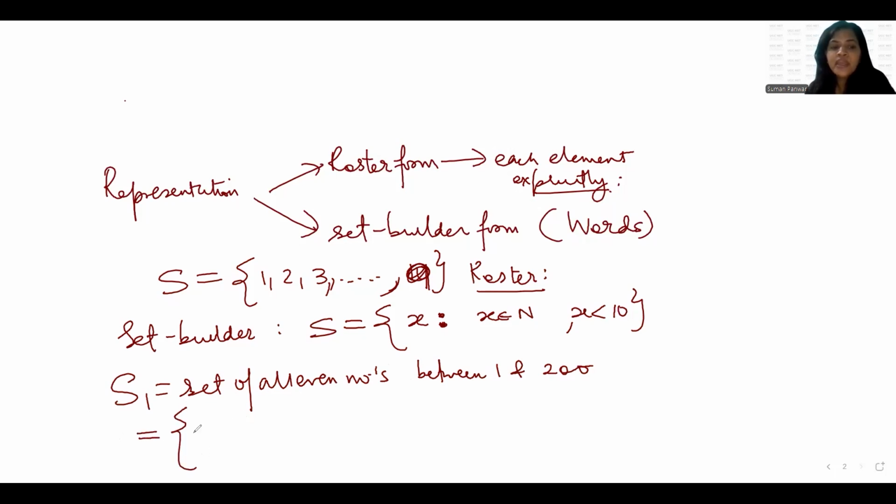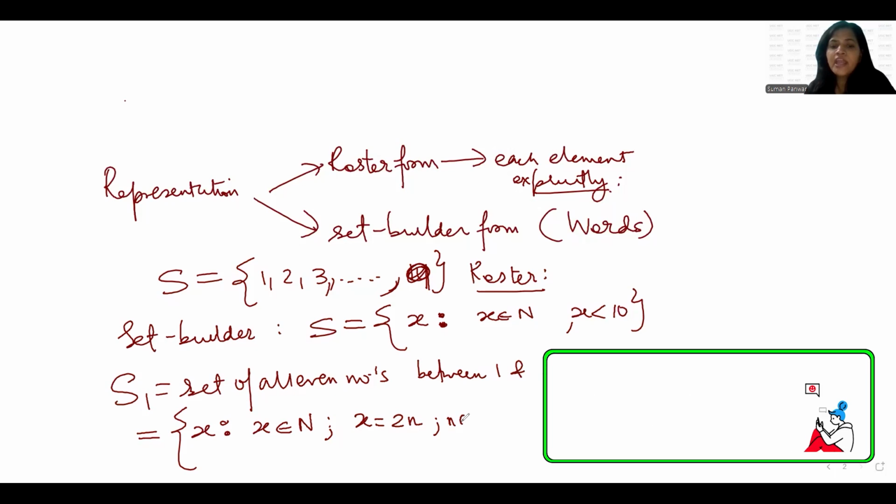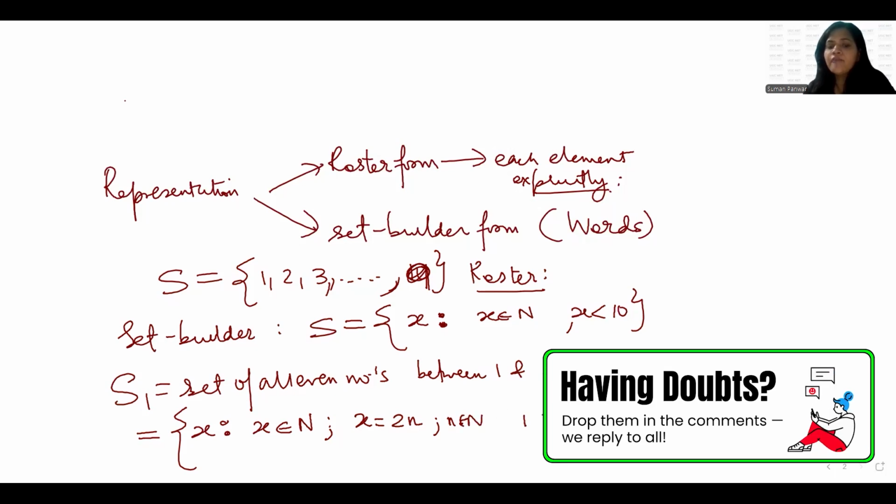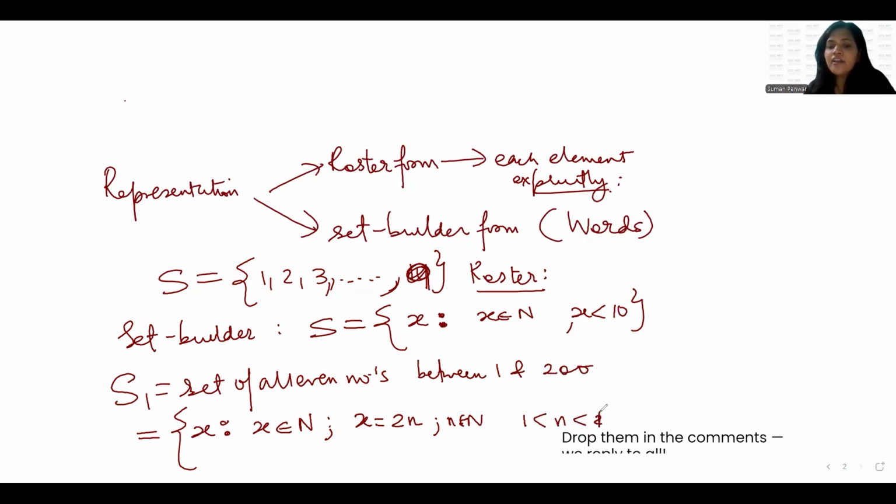You can say x such that x belongs to the set of natural numbers. Or you can say x is equal to 2n, where n belongs to N, and 1 less than or equal to n less than 100. You are writing that x is 2 times some natural number, and that natural number is between 1 and 100.